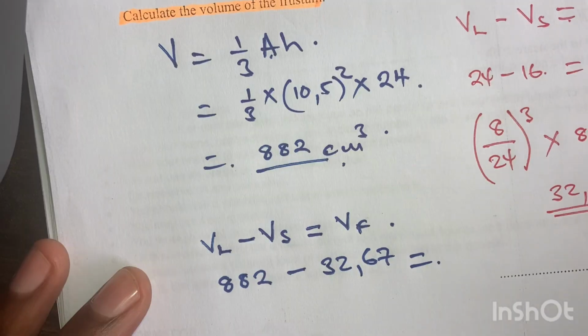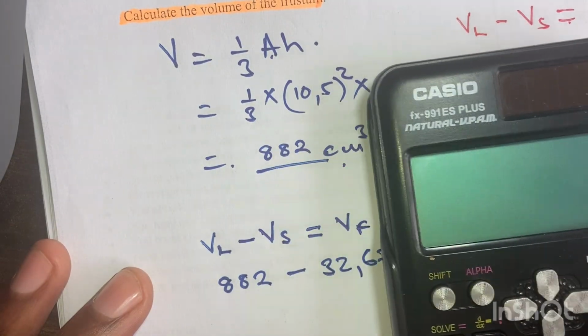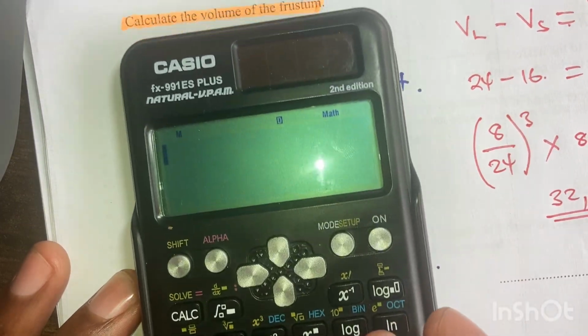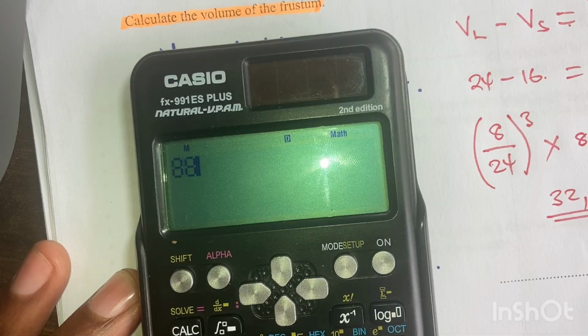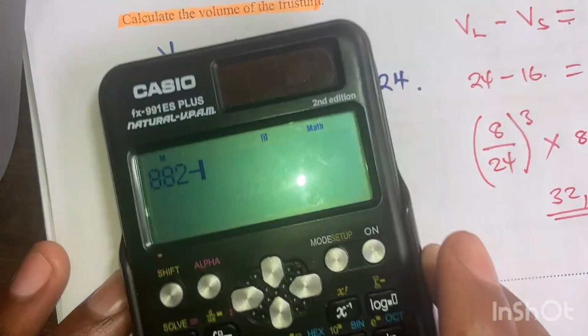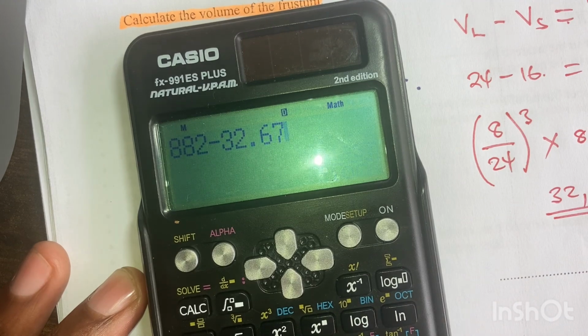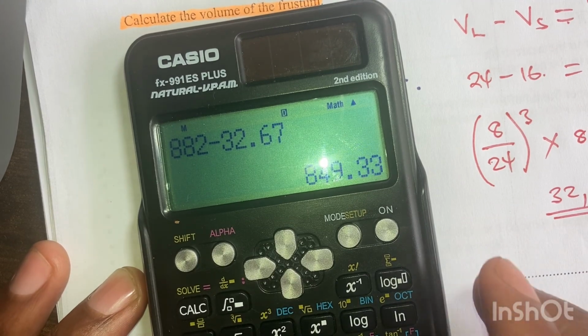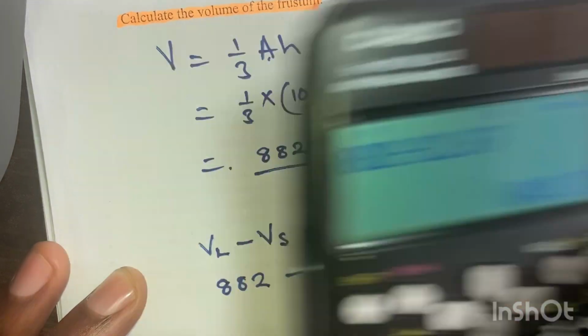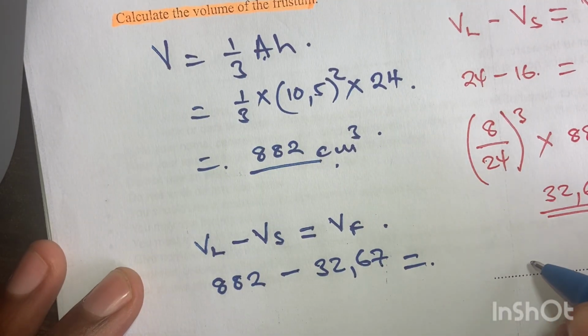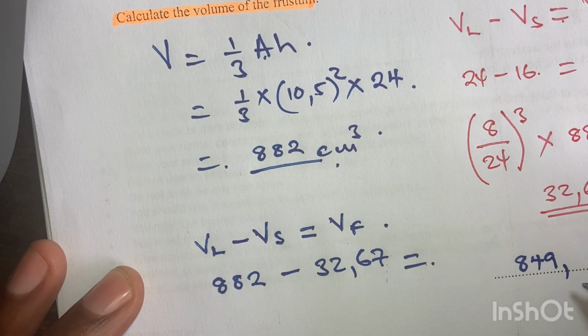On the calculator, 882 minus 32.67 gives us 849.33. So the final volume of the frustum is 849.33.